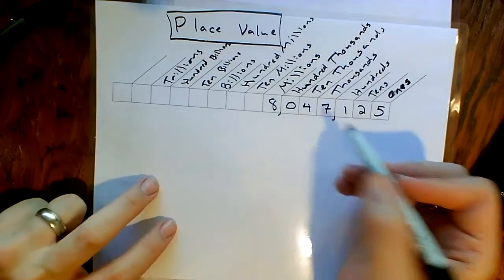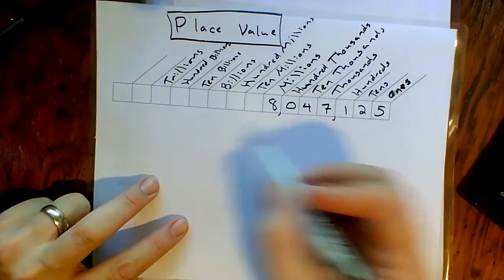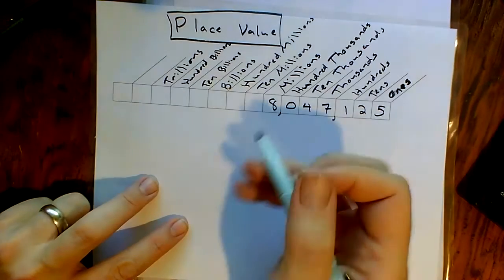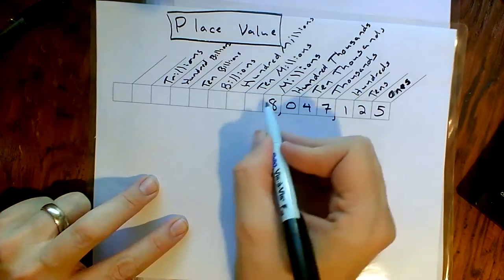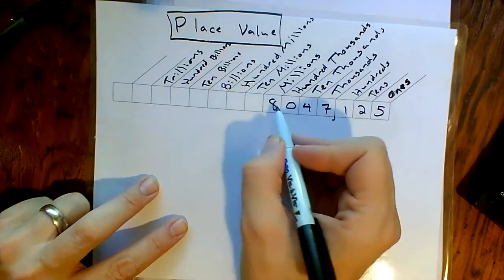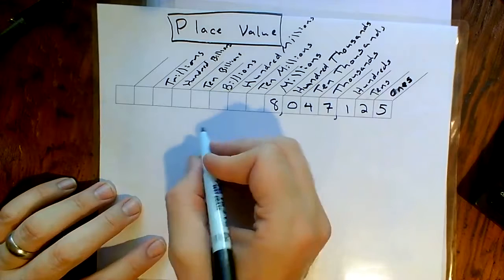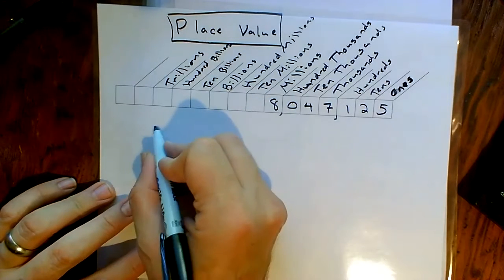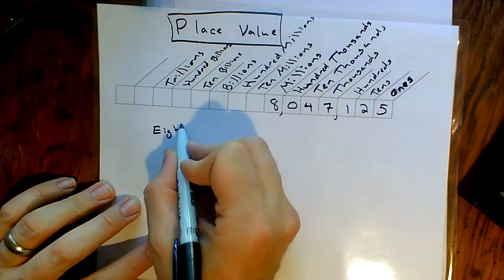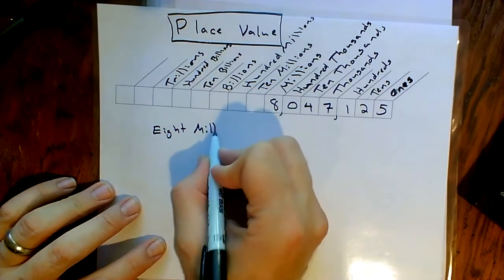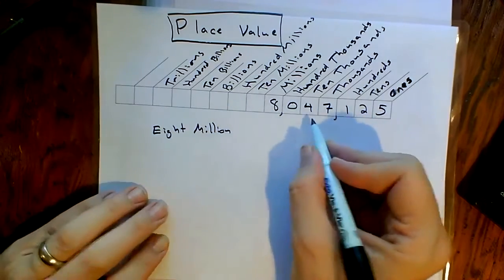Now, it's important to note that if I were to write this out, we always say whatever number is in that grouping. So if I were to write this number out in words, I would say 8,000,000. And then I would move on to my thousands.